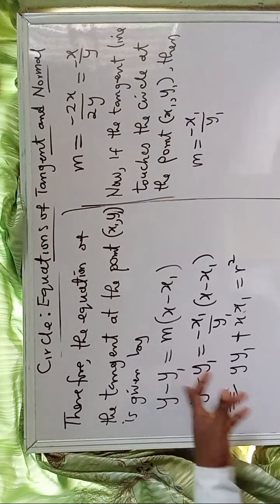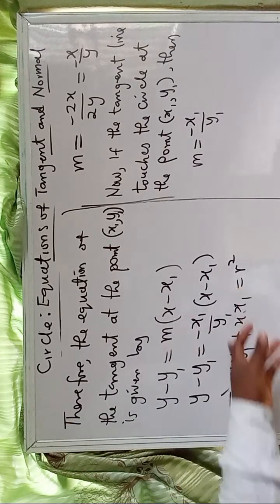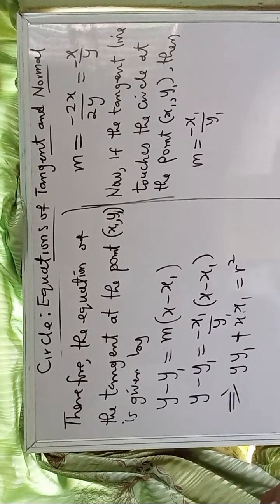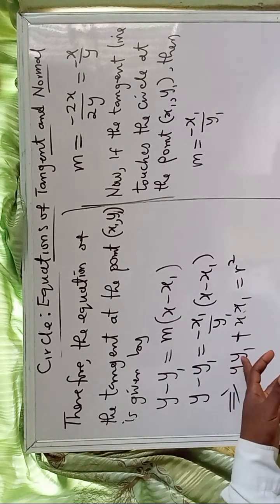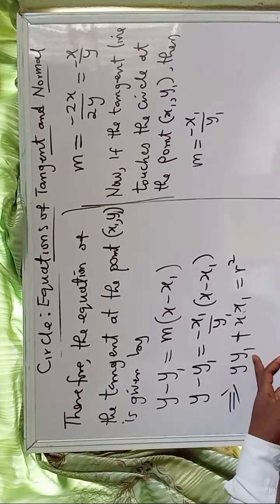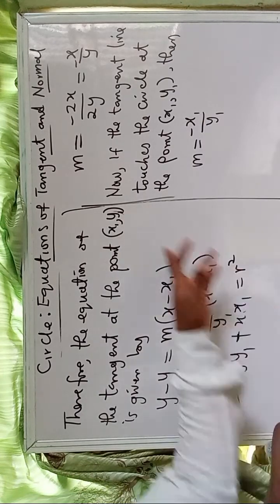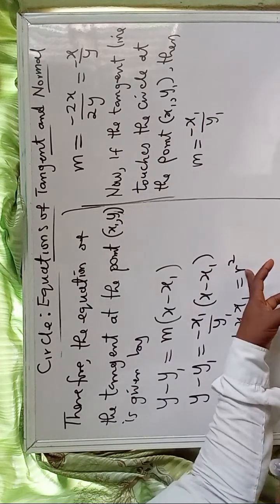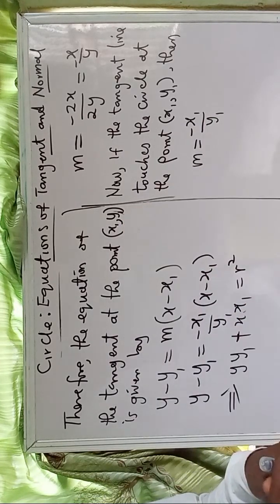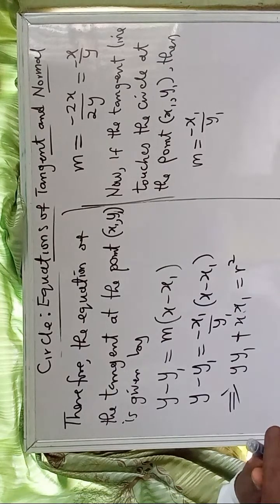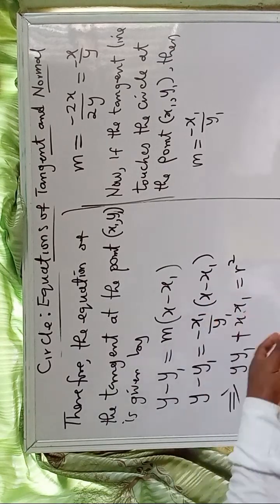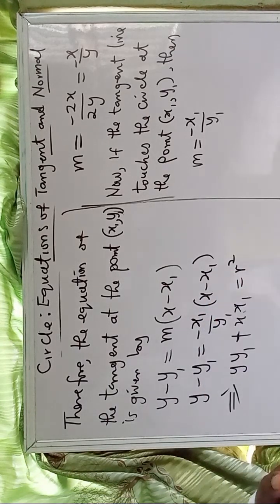Where y1 is known from this point, x1 is known from this point, and of course r is the radius of the circle, as we already know. So if we resolve this, we can get something like this back. So that is that on this.